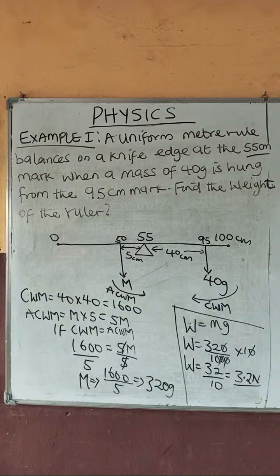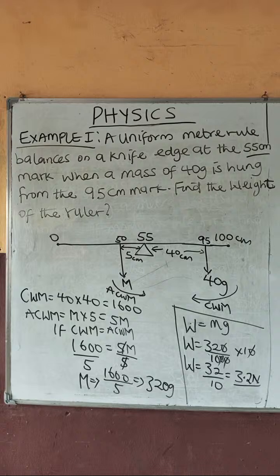But in such a question like this, normally they will give you a pivot at either less than the center of gravity or greater than the center of gravity. Now, we are asked to find the weight of the ruler.